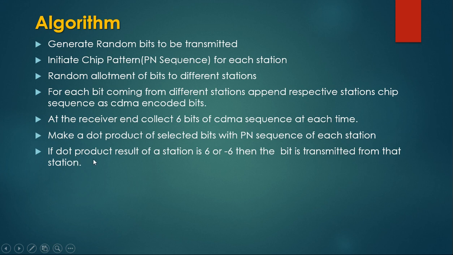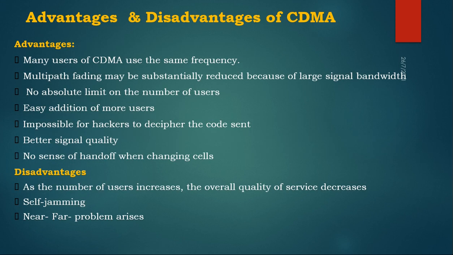Please make sure that the dot product results of all the stations should not go to 6 or minus 6. In that way you have to select the PN sequence. Any one among the available stations should give a result of 6 or minus 6. Then we can say that the bit is transmitted from that particular station.